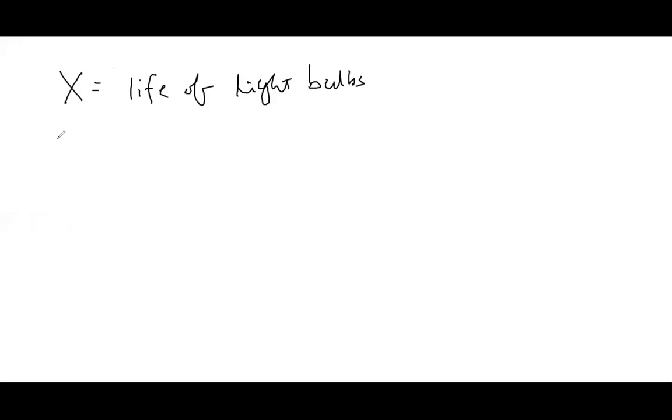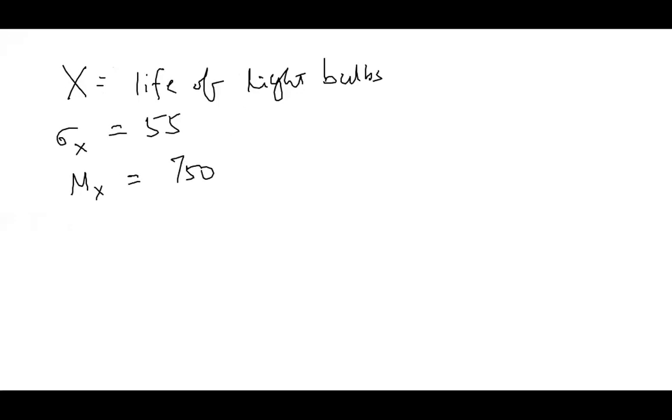I know that sigma x is 55. And I know that mu x is 750. This is a given, right? So using the central limit theorem, find the probability that the sample mean of the lifetime of 100 such bulbs, right? So you take 100.